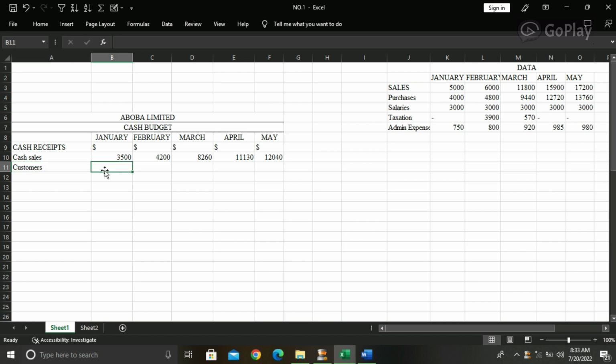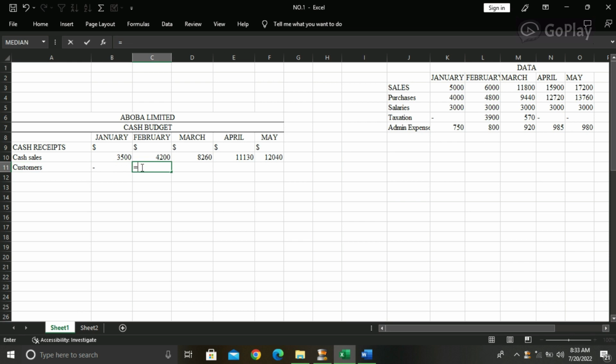So 30% of each month's sales will be collected. In this case, there's no information about December. So it means that in January, no 30% from December will be collected, but 30% of January's sales will be collected in February. So in this case, January here, the second part will be dash because there's nothing to collect there.